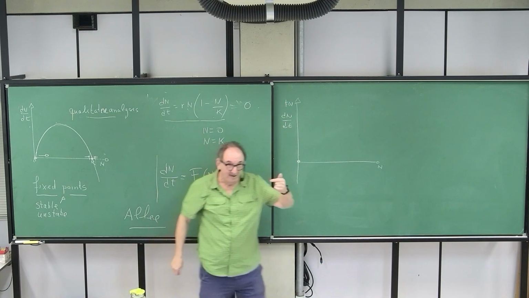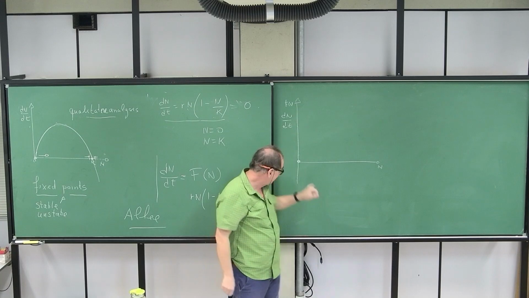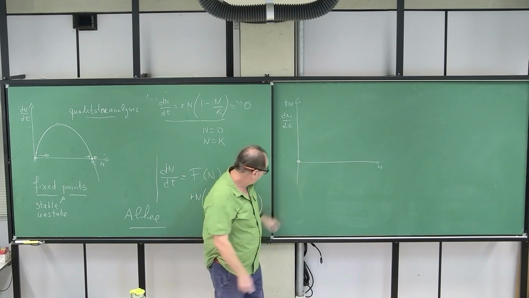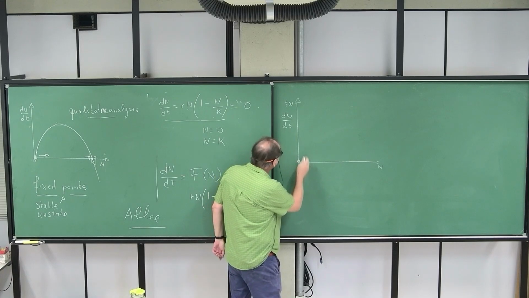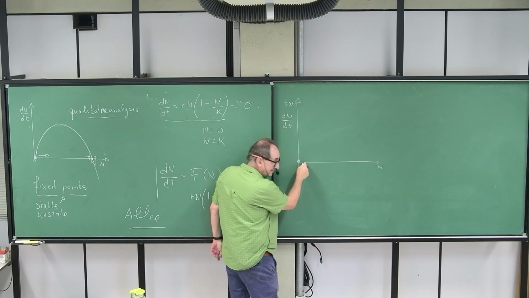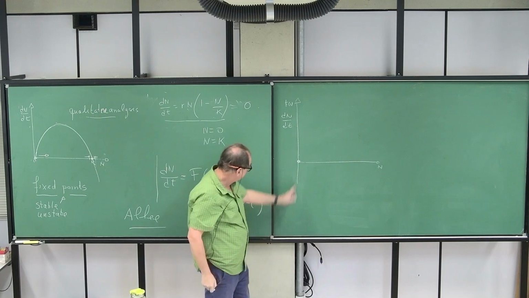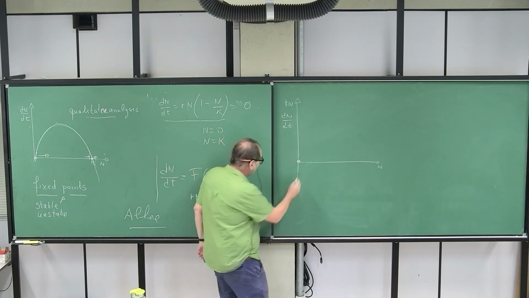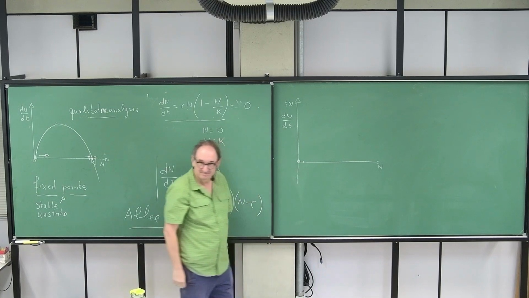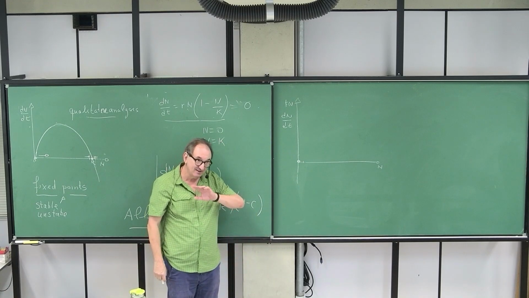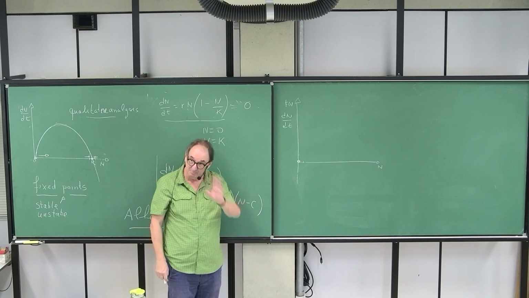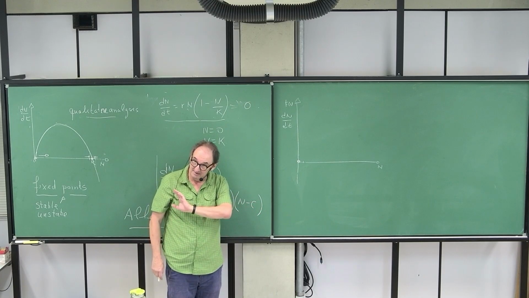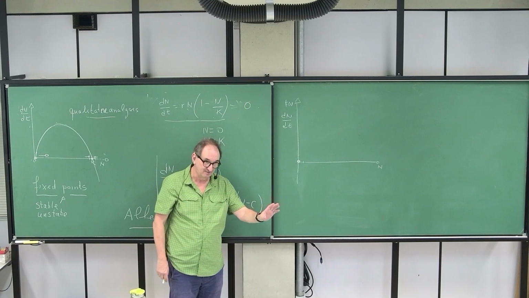The only way for a population at 0 to be stable is that the derivative dN/dt near this region is negative, because I want to introduce a small population, and if it's small, it will go extinct, meaning it will go back to the fixed point 0.